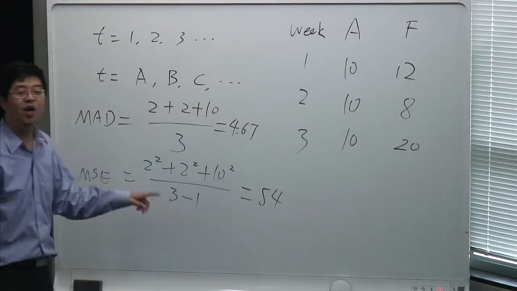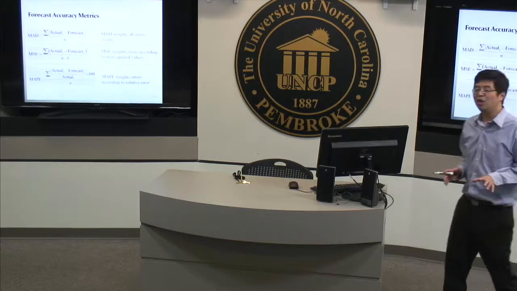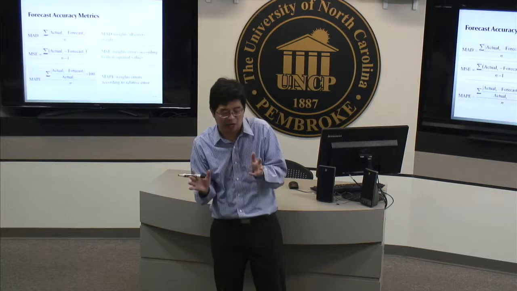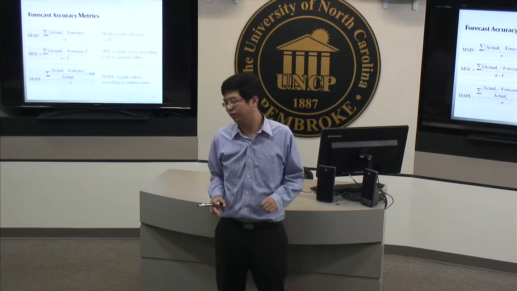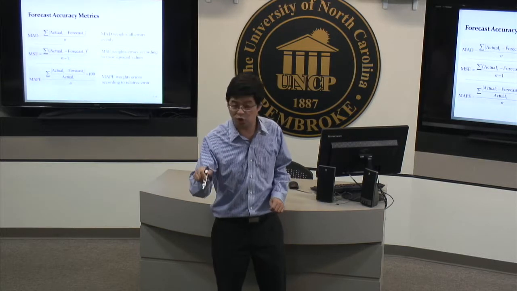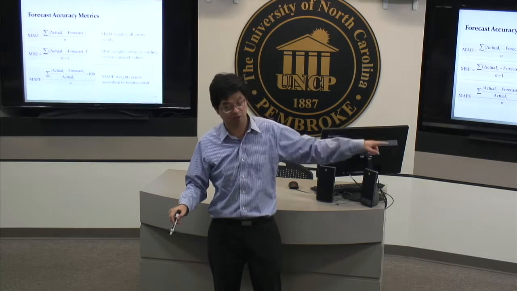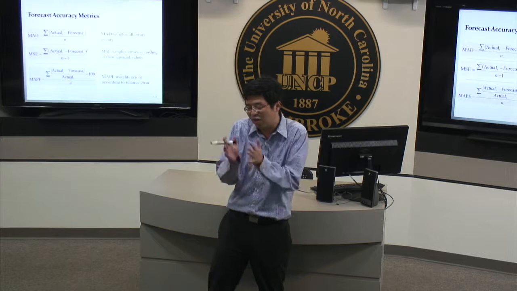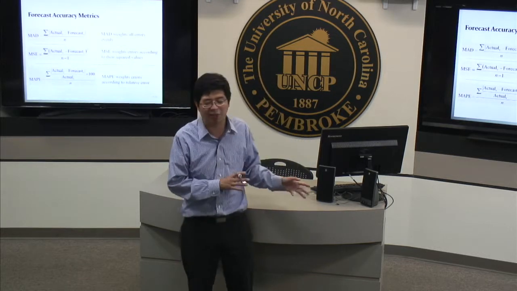You see that? If you have one period or one product whose forecast is very bad, in MSE it's so obvious because the result of MSE is very big. But in MAD, because they only take the absolute value, it's not so obvious.